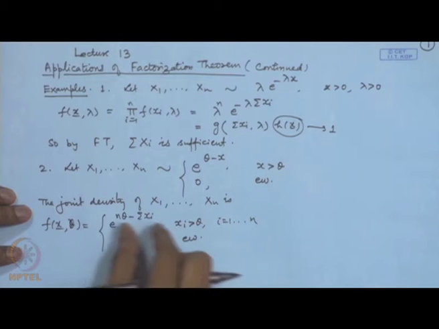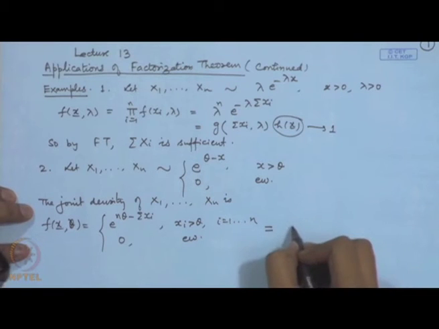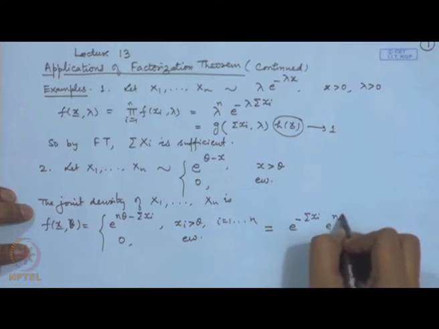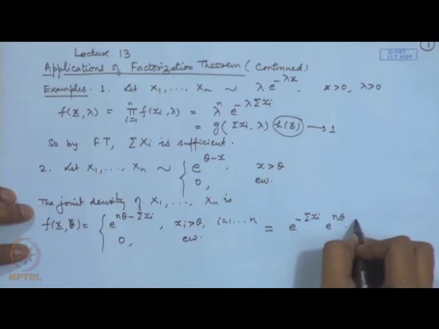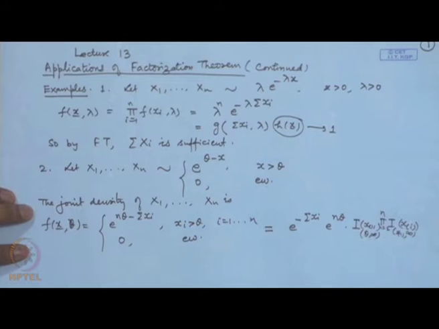Now, if we want to write it as a product, we will make use of the indicator function. So, we can write it like this: e to the power minus sigma x i, e to the power n theta, indicator function of the set x 1 from theta to infinity, and indicator function of the other x i's, from 2 to n, from x 1 to infinity.